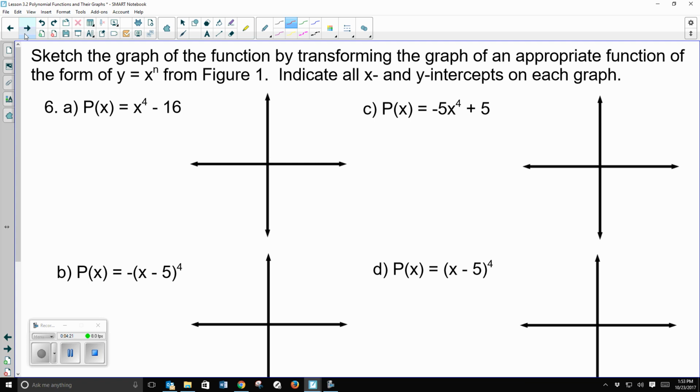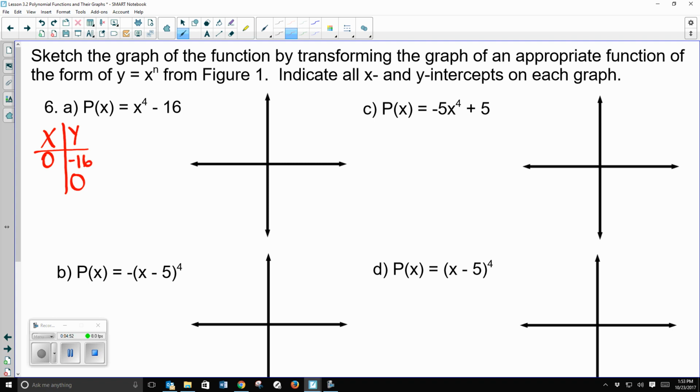So let's find out what those are. When I plug 0 in for x, what do I get for p of x or y, however you want to look at that? Negative 16.